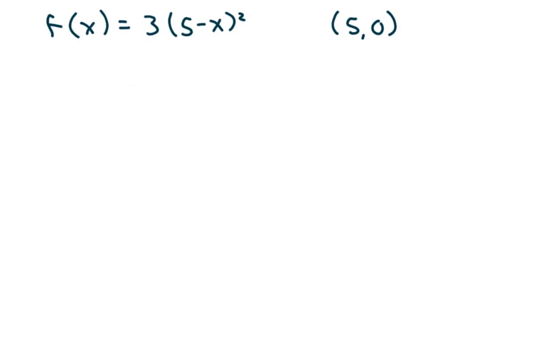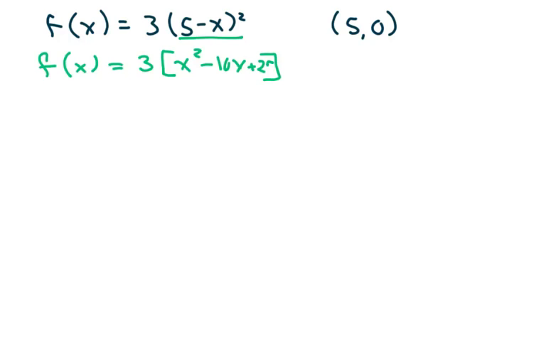The next one I have is this one. So we're going to do the same thing. Just rewrite that. So that's just going to be 3. And if you FOIL that whole thing out, you're going to get x squared minus 10x plus 25. And then also, when you distribute, 3x squared minus 30x plus 75.